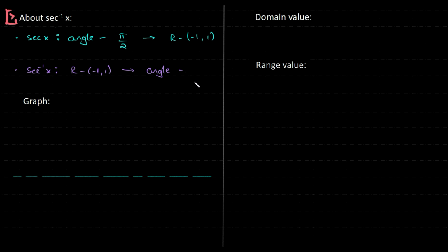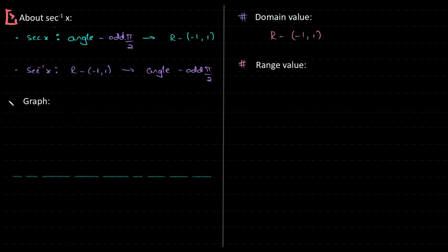I can write it this way also, but anyways, let me change this. Okay, so with this in mind, I can write my domain as real numbers excluding minus 1 to 1.